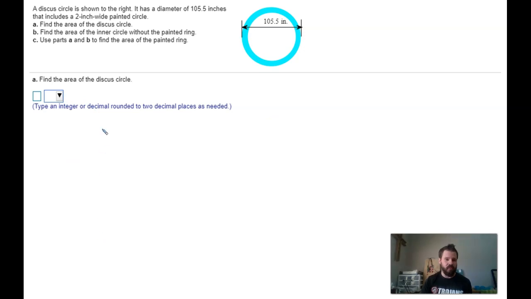I don't have this working dynamically for you here, but we'll just do the outer first for A. Outer circle, area equals pi times radius squared. So area is going to be equal to pi times half of 105.5. I'm going to do that on my calculator. I'm a math teacher, I should be able to do that without it, but we'll say it's 52.75.